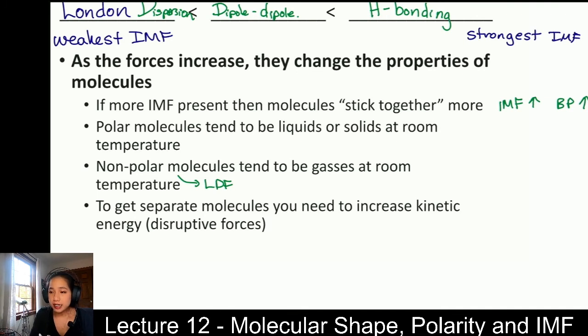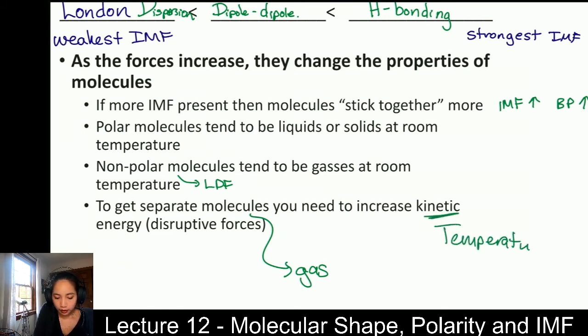So it's very easy to break apart those London dispersion attractions with a low amount of temperature energy. To get those molecules to separate and turn into a gas, you need to increase your kinetic energy, or essentially the temperature of your sample, in order to break those intermolecular forces.